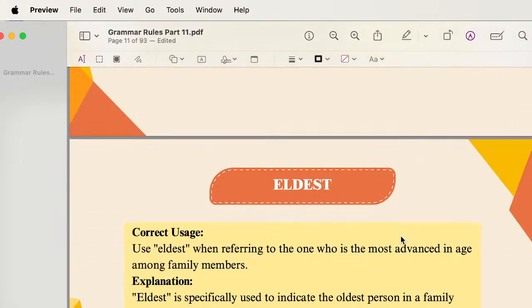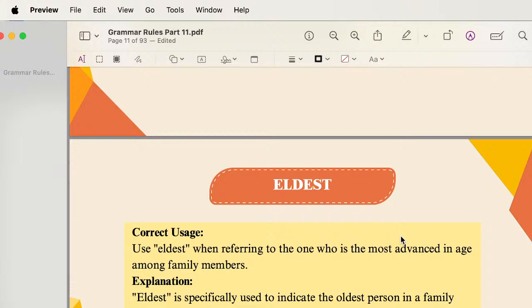But where do we use eldest? Eldest could be used when referring to the one who is most advanced in age among family members. Eldest is specifically used to indicate the oldest person in a family.